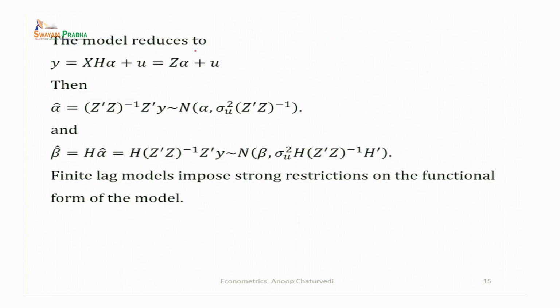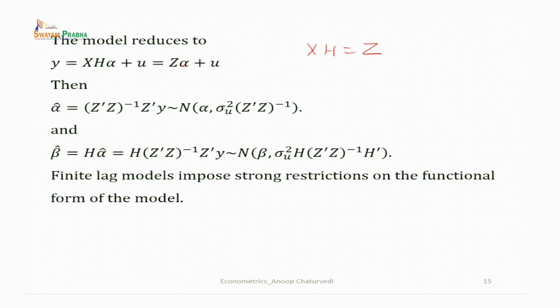Then you can write the model as y equal to x h alpha plus u. We replace beta by h alpha, and then we write x h equal to z. So, you get the model y equal to z alpha plus u.